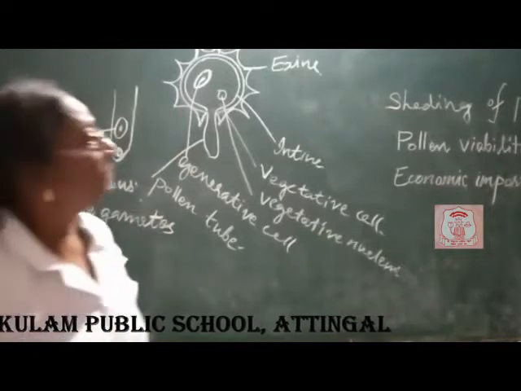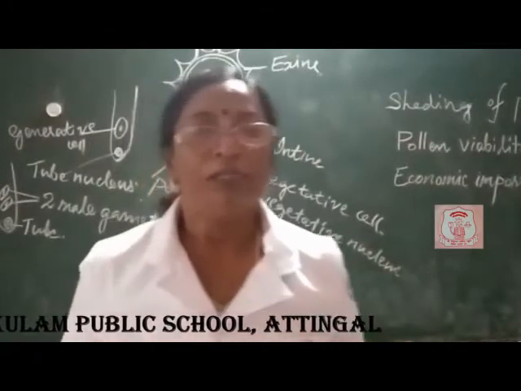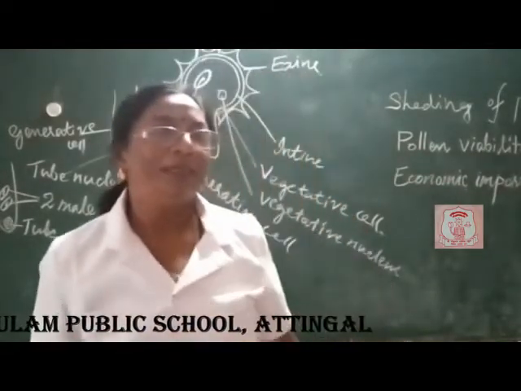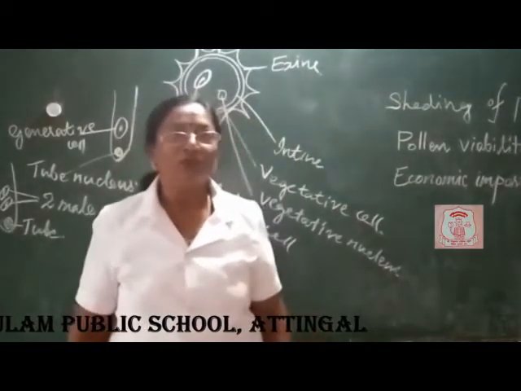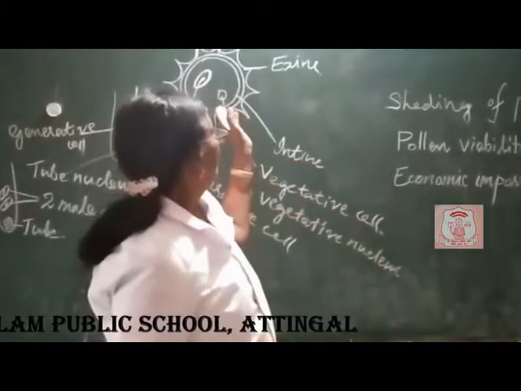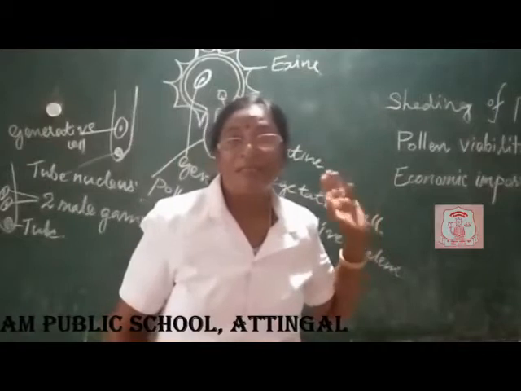Now we can study the shedding of pollen grains. Usually, in 60% of the plants, pollen grains are shed at the two-cell stage, that is, the vegetative cell and the generative cell alone are there in that stage.